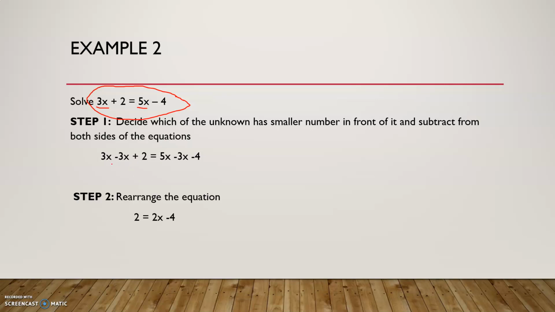So we've got 3x, minus 3x, and then plus 2, and 5x minus 3x, and then the original minus 4. Step number 2, we're going to rearrange the equation. We can cancel out this 3x with this 3x. So we are left with only 2 equals 5x minus 3x, which is 2x, and then minus 4.